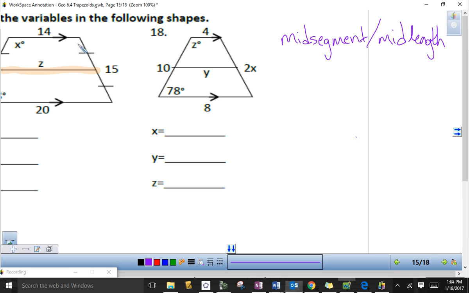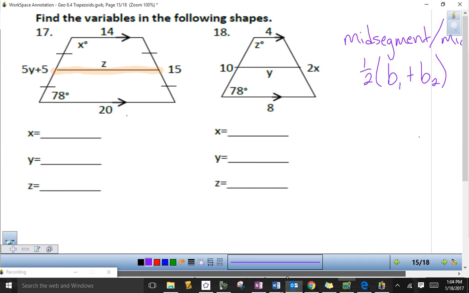Okay, the mid-segment is in the middle of the 2 bases. And it's actually the average between the lengths of those 2 bases. So you can find the length of a mid-segment by taking 1/2 of the first base plus the second base. And we'll just call that B1 plus B2.